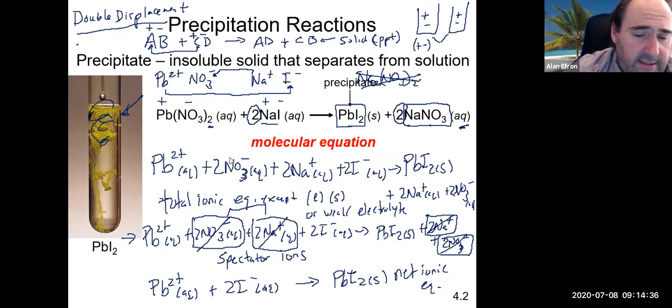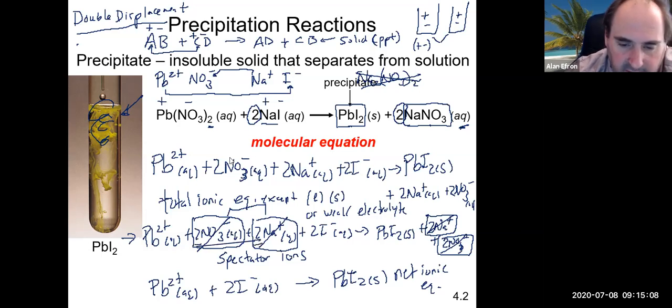And usually that means that anything that's a pure liquid has the L symbol next to it, you wouldn't break it apart. Anything that's a solid, you wouldn't break it apart. Actually, anything that's a gas as well wouldn't break apart usually. And anything that's a weak electrolyte, you wouldn't break apart. And then once you write that total ionic equation, you should be able to look on the left-hand side of the arrow and the right-hand side of the arrow and find ions that look exactly the same and actually have the exact same numbers of ions on each side.